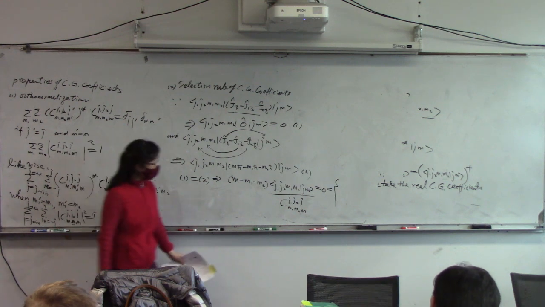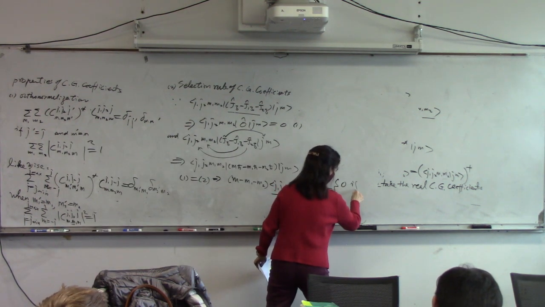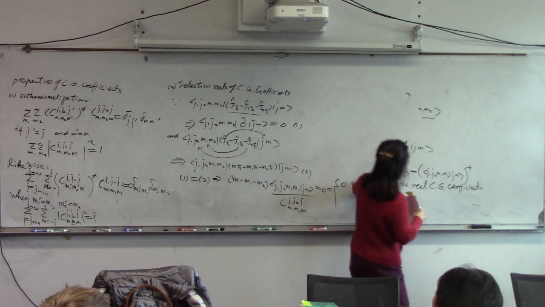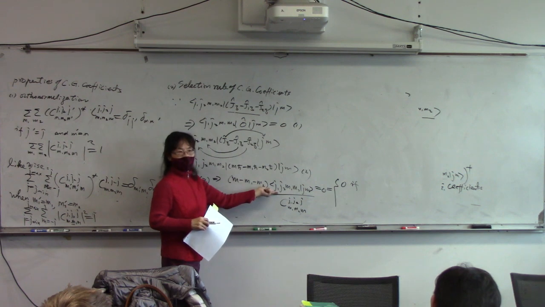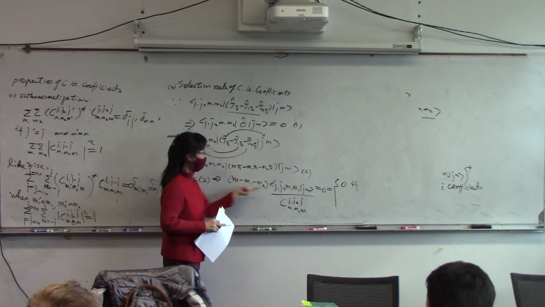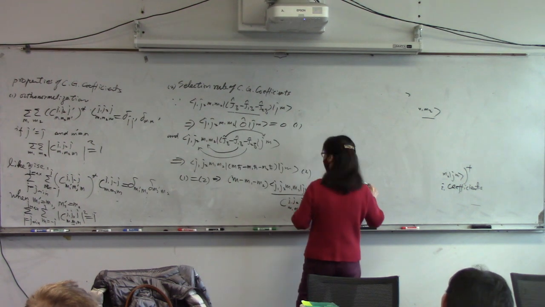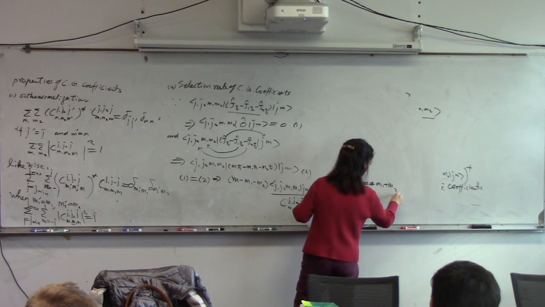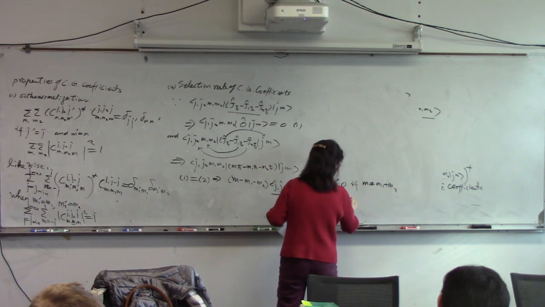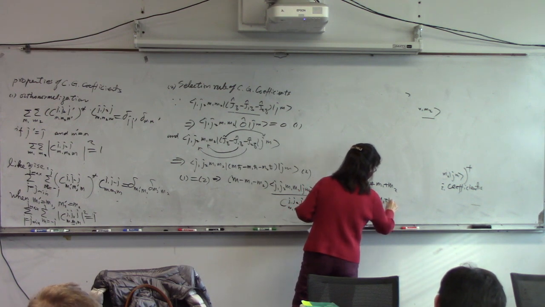So this Clebsch-Gordan coefficient is equal to 0 if this term is not 0. If this term is 0, this cannot be nonzero. So if M is not equal to M1 plus M2, it is 0, and it can be nonzero if M equals M1 plus M2.